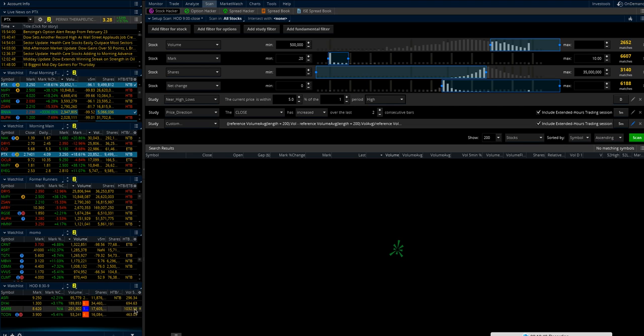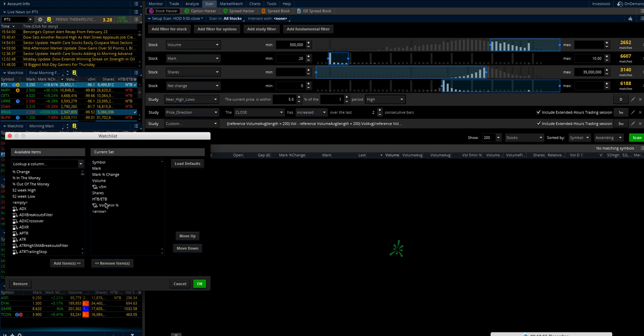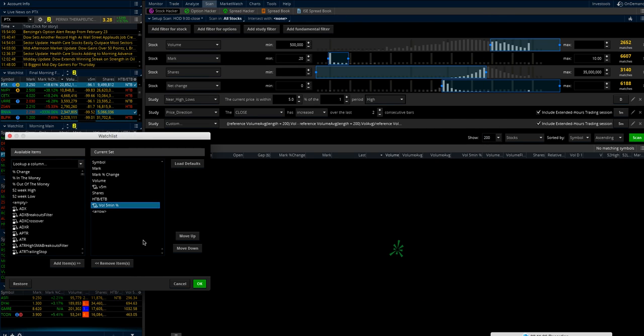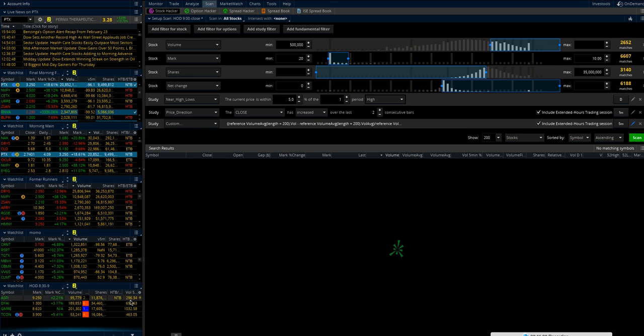Okay, so on this one, volume of 5. Okay, so yeah, this is what I just copied and pasted in here. So basically, what this does is it will allow you to see what it is currently at whenever the stocks populate in your watch list over here.